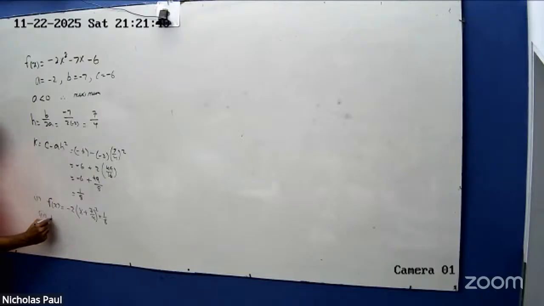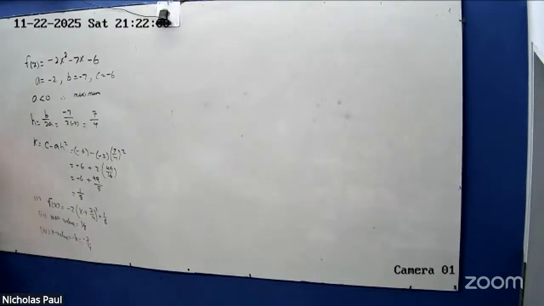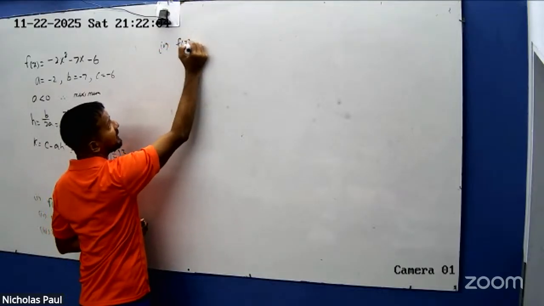The max value is always k, so the max value is 1/8. And then they want the x value, which is minus h, so that would have been minus 7 on 4. Part 4, I think they asked for f of x equal to 0.